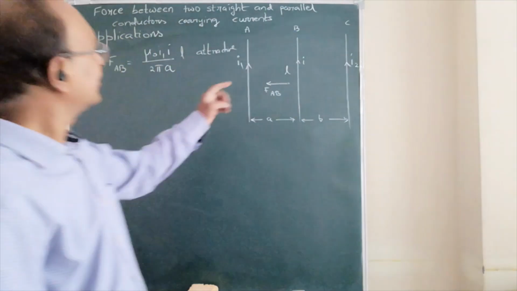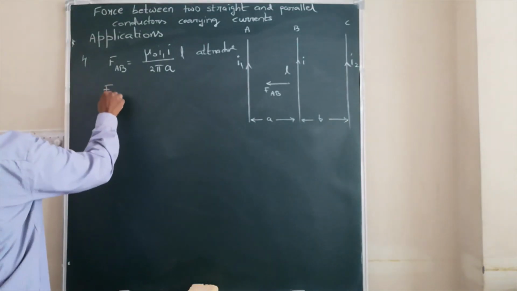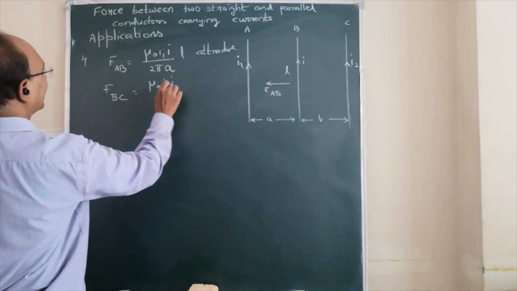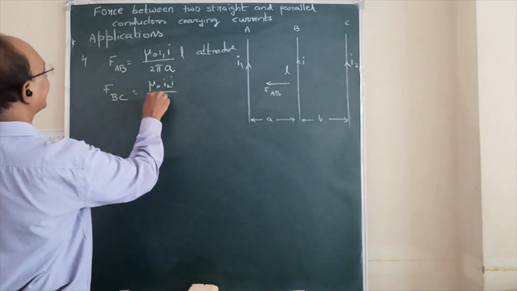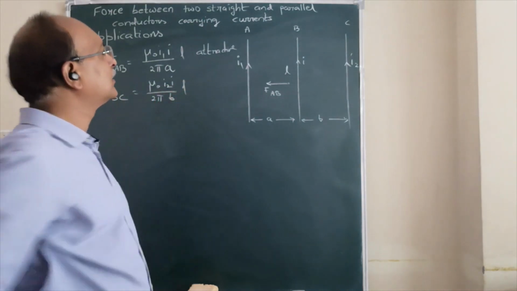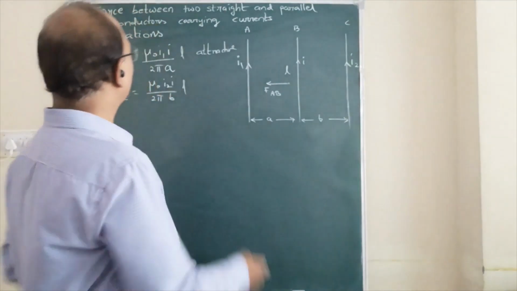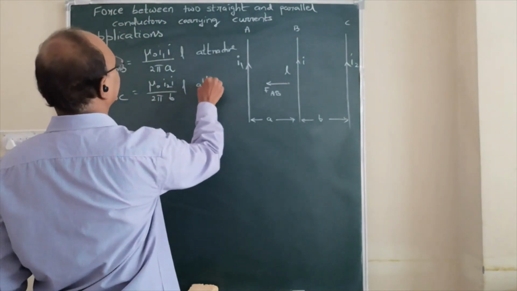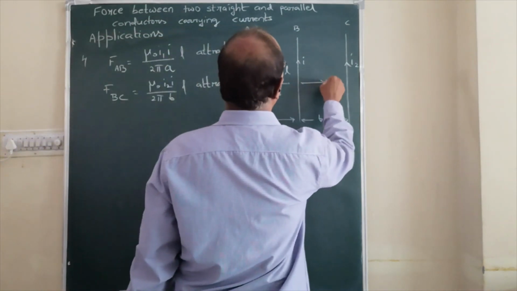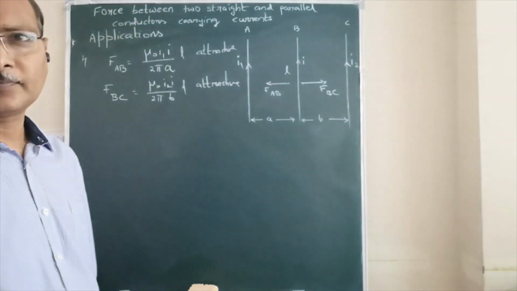Similarly, between these two, FBC is mu naught I2 I by 2 pi B into L. Here also the currents are in the same direction, so again attractive. That means FBC will be in the opposite direction.